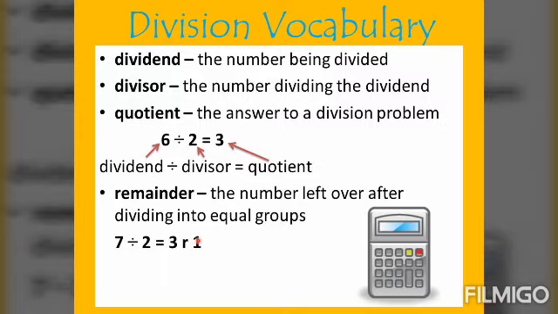Why is there one left over? It's because if you multiply the 2 and the 3, it's only 6. And for you to have 7, you need to add the 1 to the product of 2 and 3. So again, 2 times 3 equals 6, plus 1 equals 7. That is also the way of checking if your answer is correct. Okay, let us proceed to the next slide.